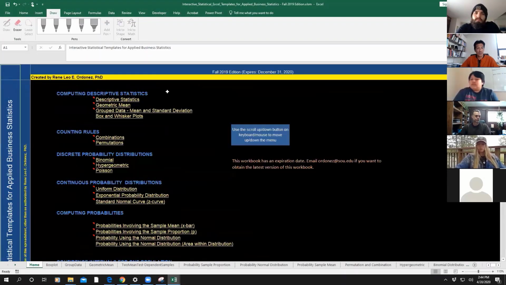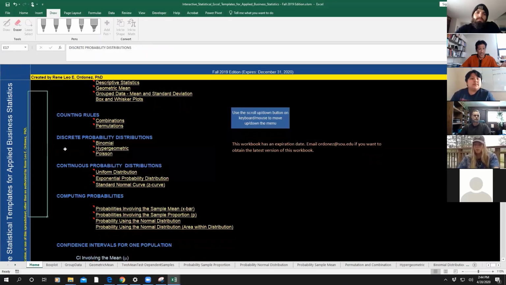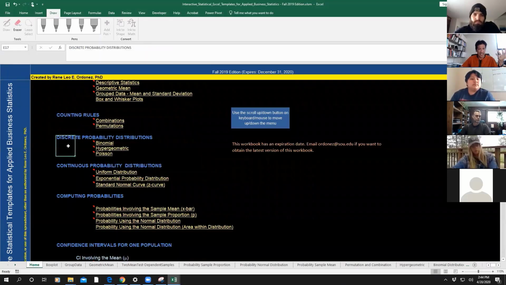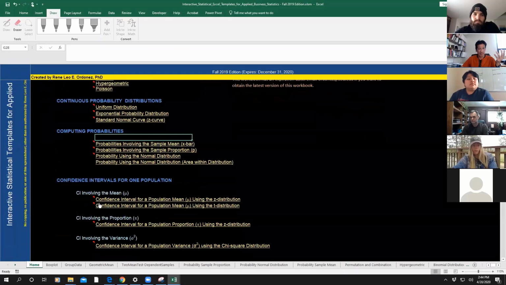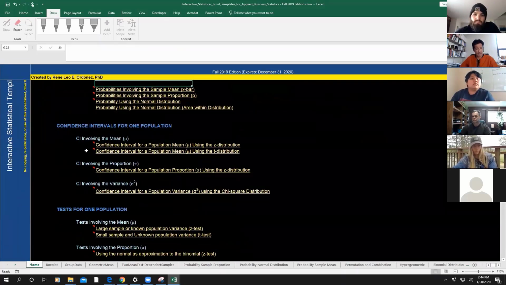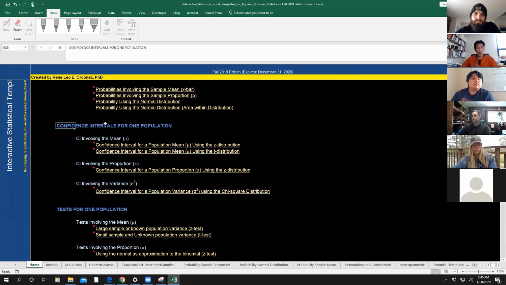So here we go. So far, we've gone through this set of templates from the last two weeks. Now, this week, we're talking about chapter 9, which focuses on confidence intervals for one population. Okay, so we're simply talking about one group. The 3 sets of templates here are the confidence interval for the mean, confidence interval for the proportion, and confidence interval for the variance.